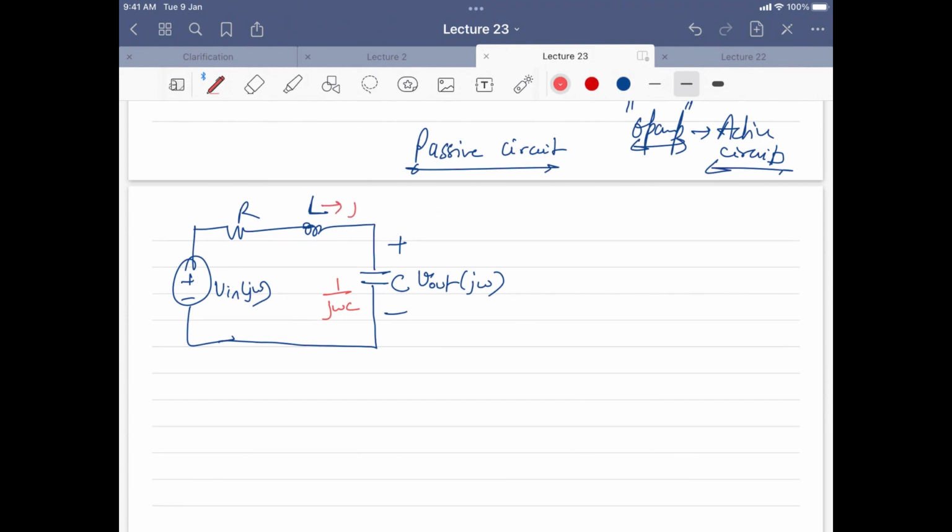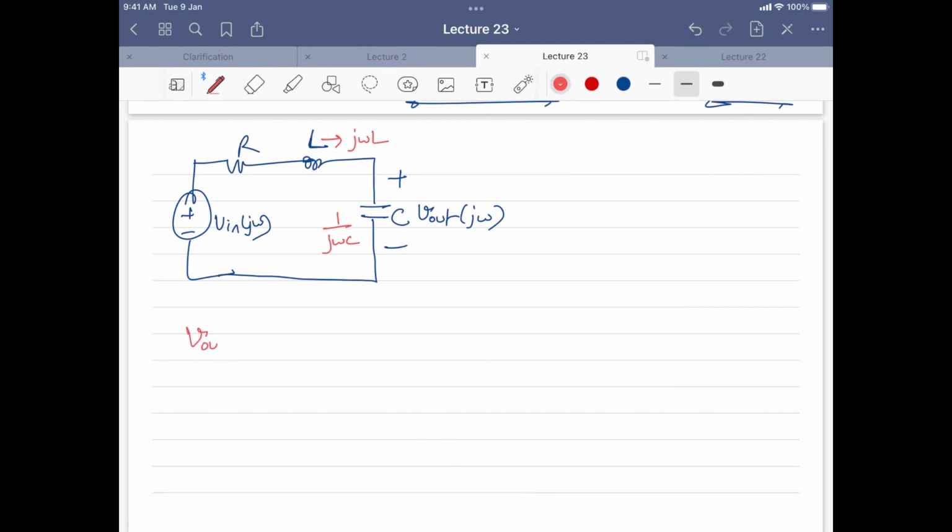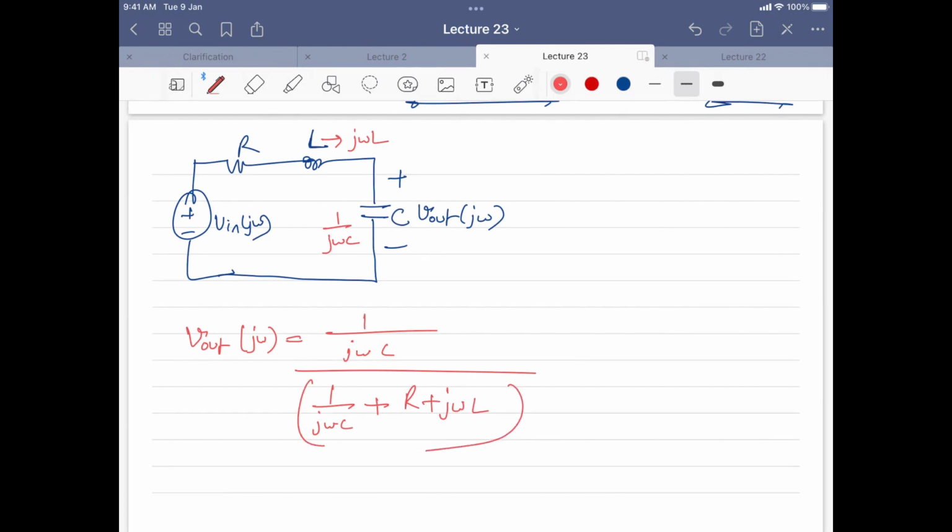For the inductance it is j omega L. So V out j omega will be nothing but 1 by j omega C upon 1 by j omega C plus R plus j omega L, times V in. Will it be or not? Just simple voltage division, right? There is nothing fancy here. This is simply the voltage division that you will do here.